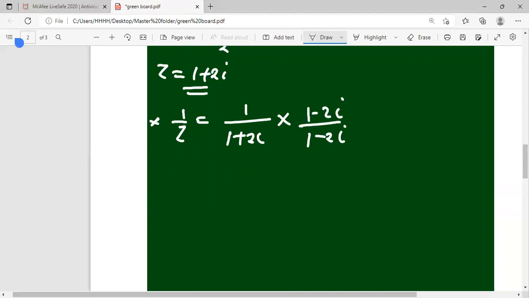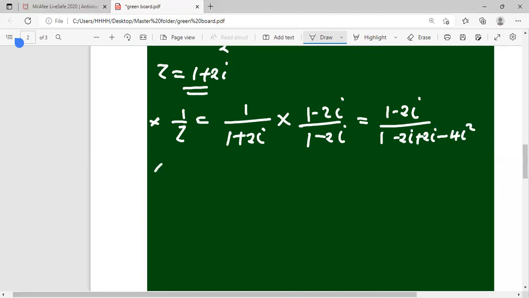So this will produce 1 minus 2i divided by, so 1 by 1 will be 1. 1 by negative 2i is negative 2i, right? Negative 2i, take note, positive 2i by 1 is positive 2i, right? 2i by negative 2i will be negative 4i squared.